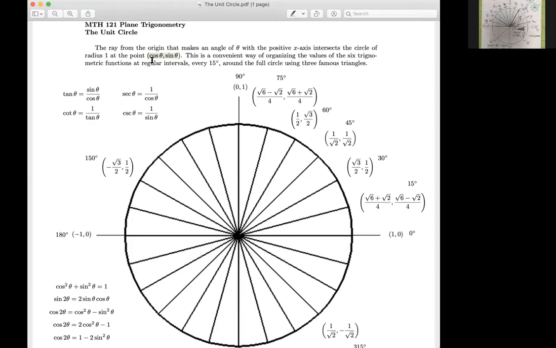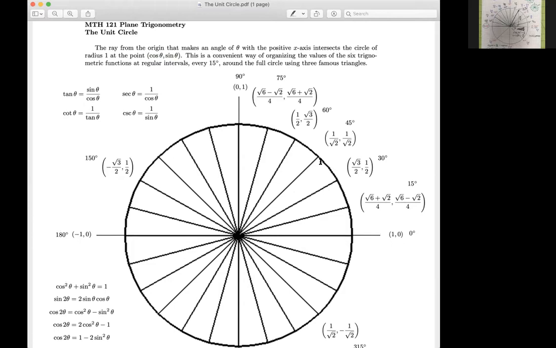X slot cosine, Y slot sine. So 1 and 0 not only stands for the name of that point on the unit circle, it also stands for the fact that the cosine of 0 degrees is 1 and the sine of 0 degrees is 0.